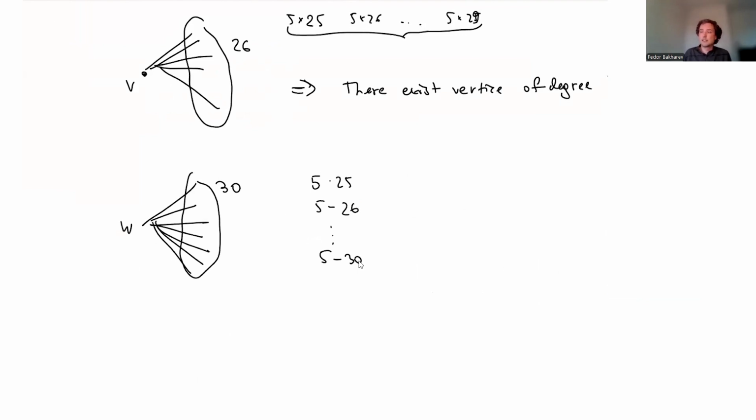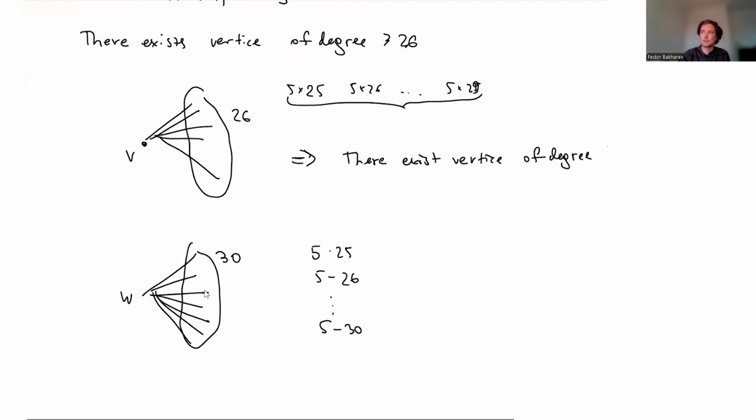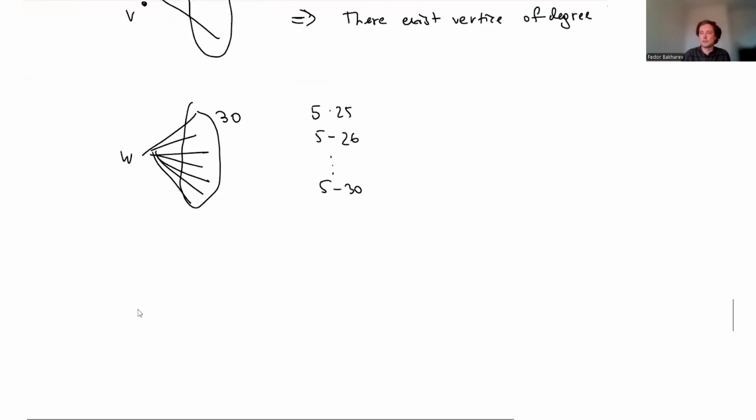But in this case, we find that we actually have 6 vertices of degree 30. So again, we start with one vertex of degree 26, conclude there is one vertex of degree 30, and in the next step that there are 6 vertices of degree 30. So we now have 6 vertices of degree 30. I drew 7 for some reason.